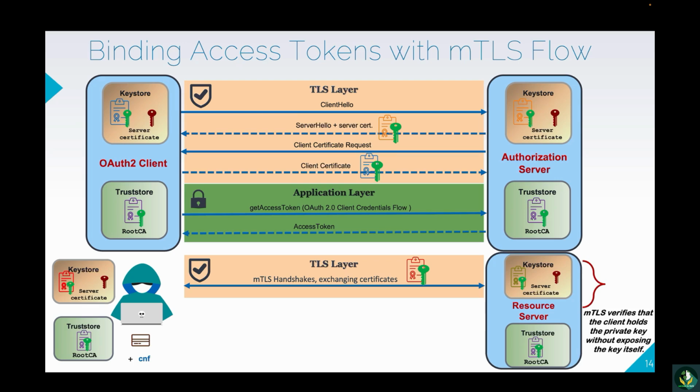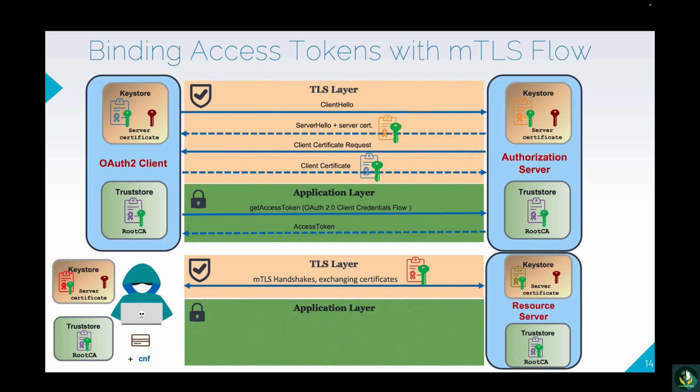At the conclusion of this handshake, the resource server confirms that the presented certificate is valid and that the requester possesses the private key corresponding to the public key in the certificate without exposing the private key itself. However, if the certificate authority that issued the attacker's certificate is not trusted by the resource server, the request will be immediately rejected as unauthorized.